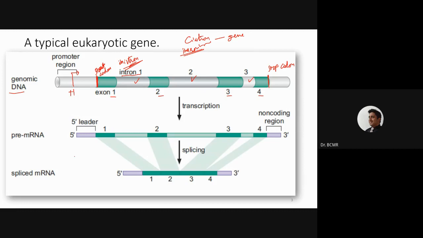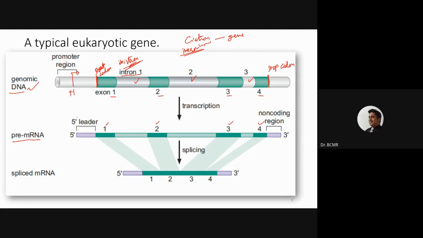When the pre-mRNA, the mRNA that is produced right after transcription without any changes, is produced, it is exactly transcribed as what is at the level of DNA, with all the 4 exons and 3 introns.